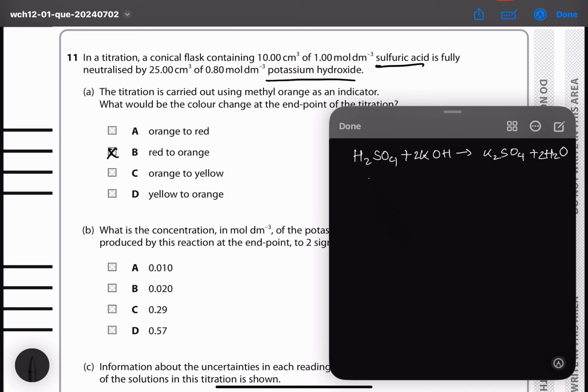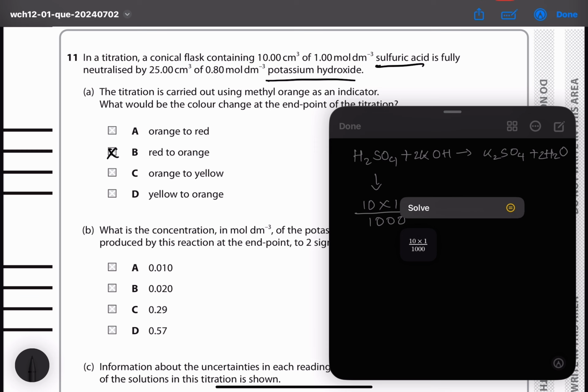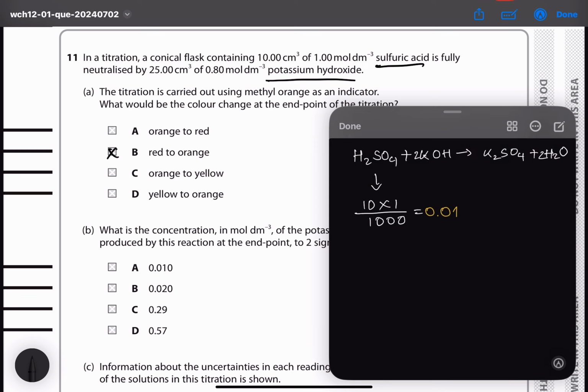If we find the moles of sulfuric acid, it is going to be 10 times 1. Since it is in cm cube, we need to divide it by 1000. And the answer is going to be 0.01 mole.